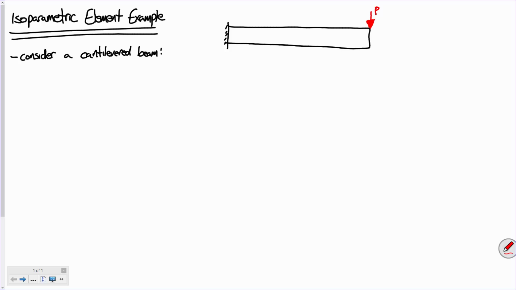Now, you all by now should be able to analyze that problem using finite elements, right? This is no different than the beam problems we did a while back using direct stiffness. You could say, I have a single element, like so. I've got a degree of freedom like this, a degree of freedom like this, a degree of freedom like this, a degree of freedom like that.